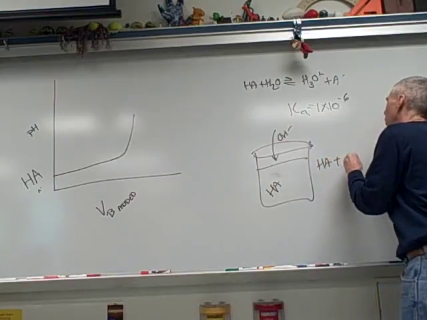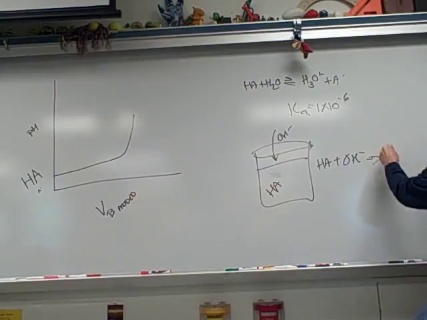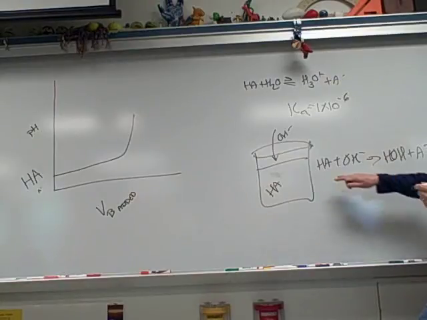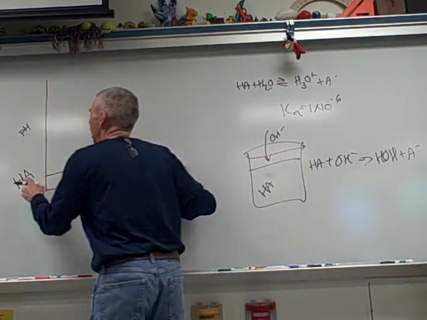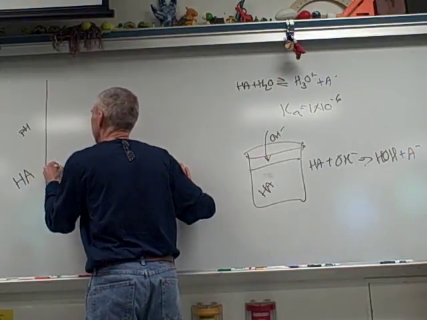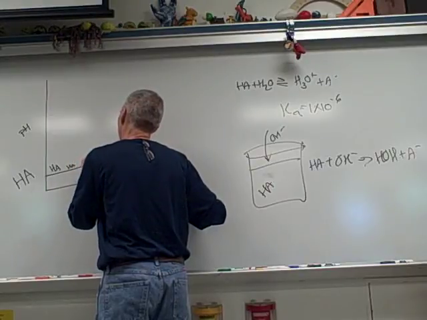HA plus OH- makes water plus A-. So if we start with a bunch of HA, what happens to the amount of HA? It decreases. So it's like HA, HA, HA, HA.